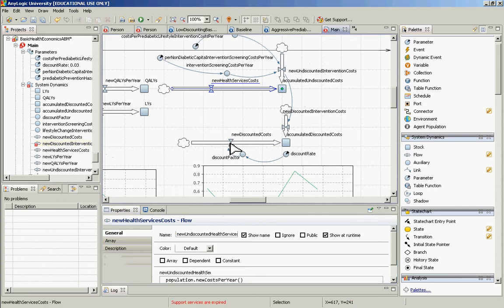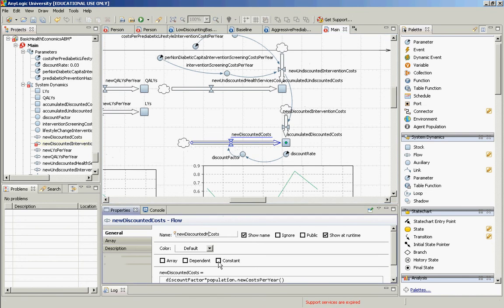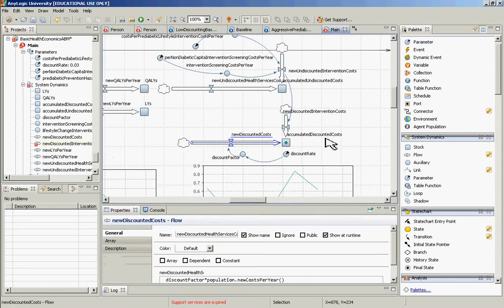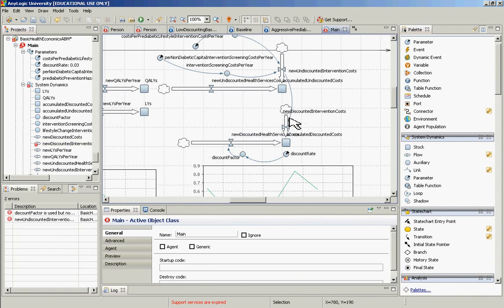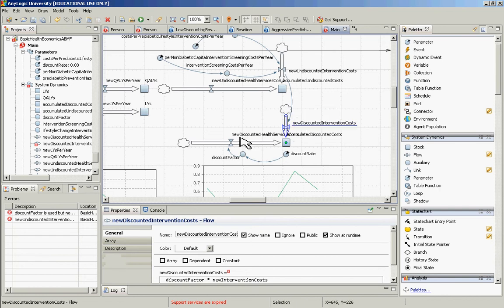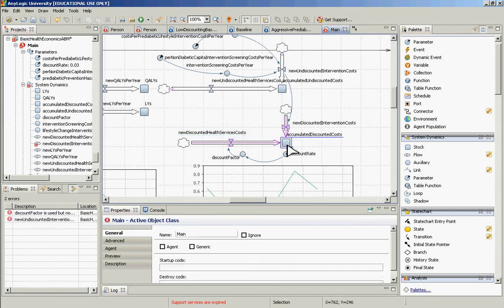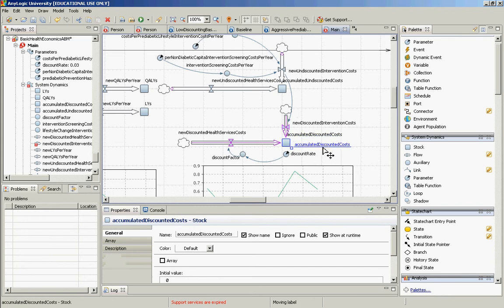And in fact, here, this should be new discounted health services costs, as contrasted with new discounted intervention costs, which will take into account in this other flow instead. So we're going to just arrange things here a bit in this cluttered fashion. Excuse me. I was hoping to be able to rotate this around. There we go. Okay.